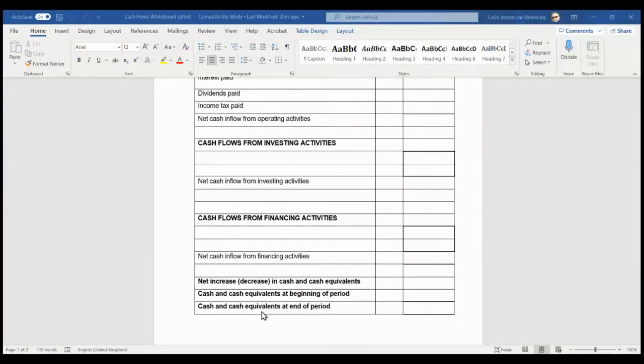So the way that the old source and app, as we used to call it, was drawn up, is still with us, but it's called the indirect method. This way that we've just had a look at, which we are going to use as the face of our statement of cash flows, is referred to as the direct method, right?